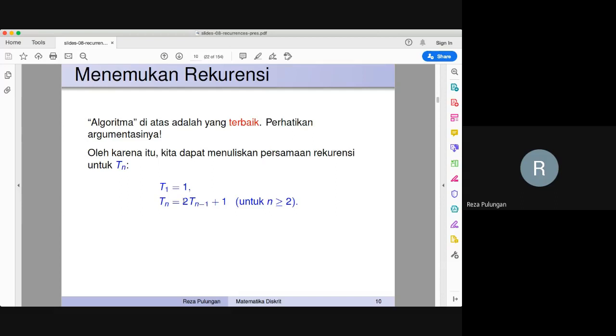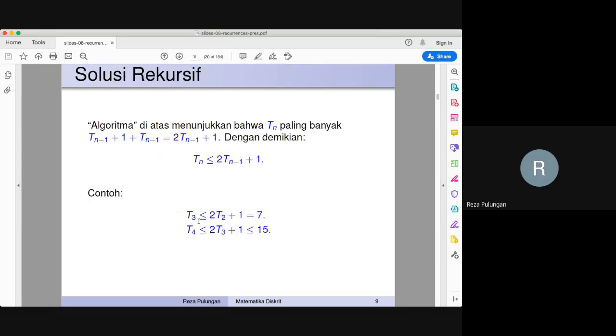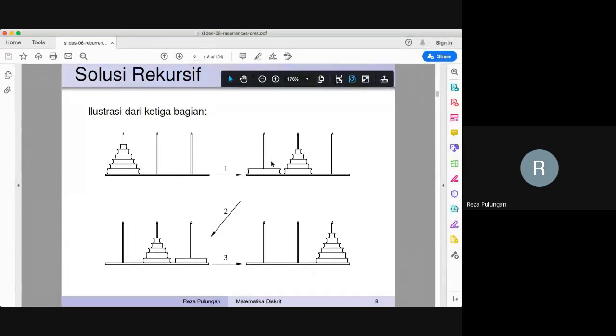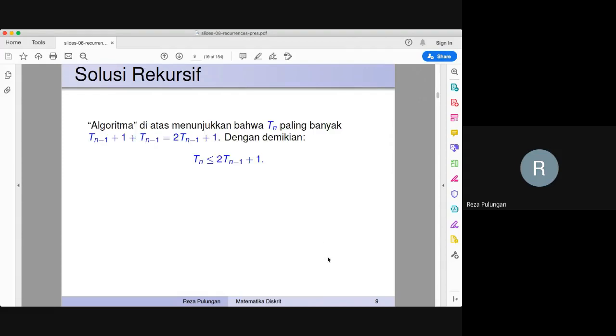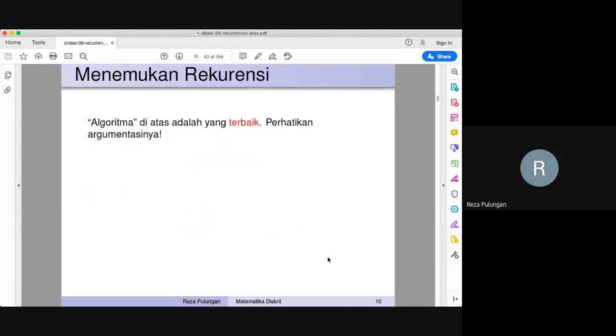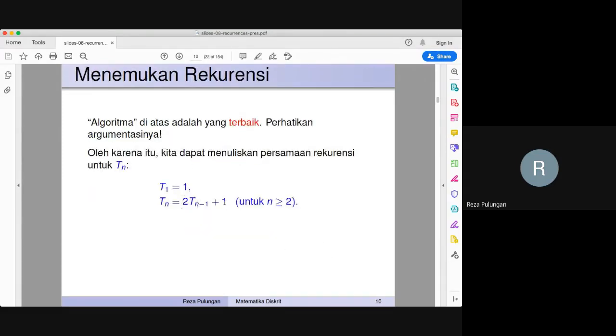For moving this, we need T(n minus 1) plus 1, because we move this to this one, plus 1, plus again T(n minus 1). So the final result is 2T(n minus 1) plus 1. So this is our recurrence. Our recurrence is T(n) equals 2T(n minus 1) plus 1.